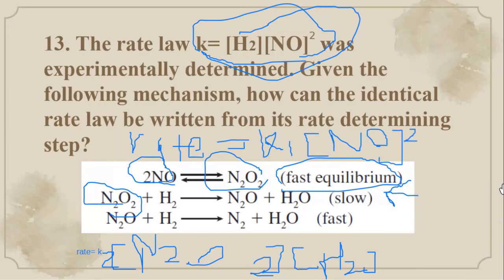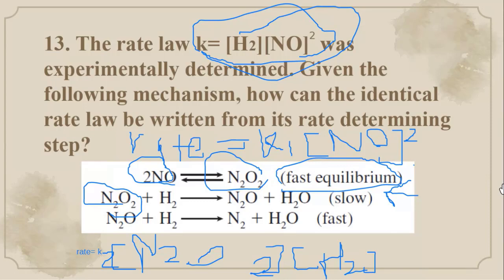And I can use the exponent here. This is not our final rate law. This is just the one we're writing temporarily. But I can use the exponent since it's an elementary step. And then I'm going to write it for the reverse step.